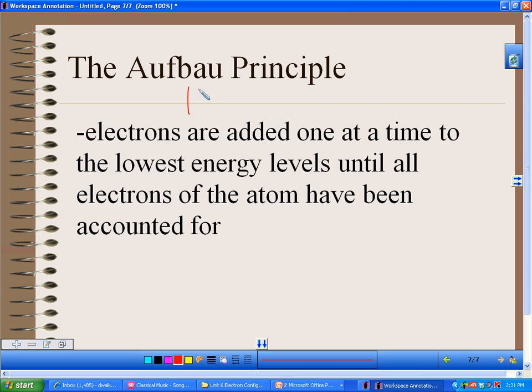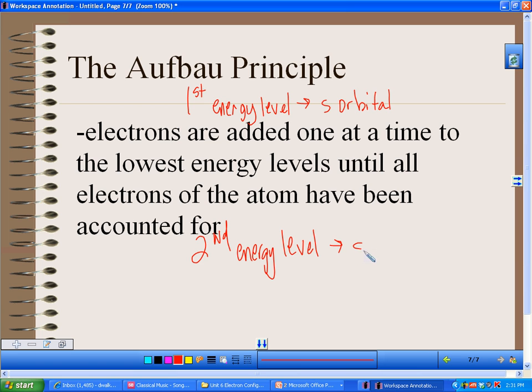The lowest energy level is the first. It has an S orbital, so I'm going to fill that up first. Then I'm going to go to energy level 2. It has an S orbital and a P. So now remember here the S orbital can take 2 electrons.